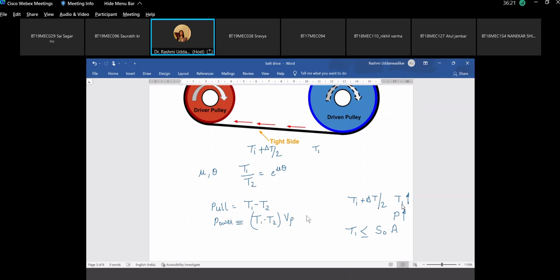Similarly, if you want to increase power, can you simply go on increasing VP? If VP increases, power increases. So if you want to increase the power transmission, can you simply go on increasing this peripheral velocity, VP? No. Why?